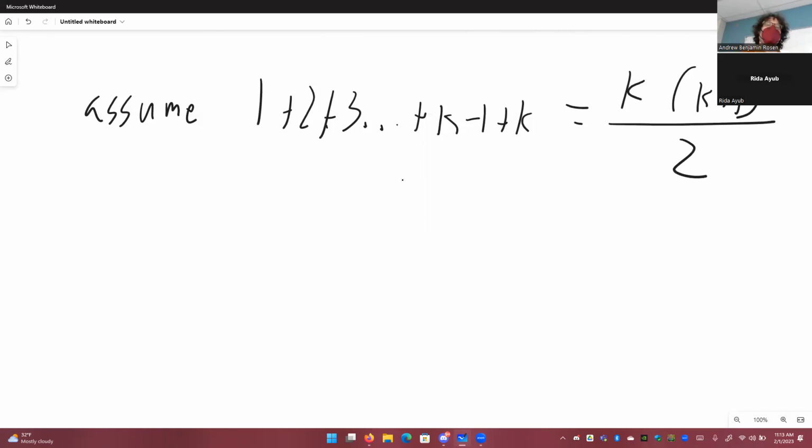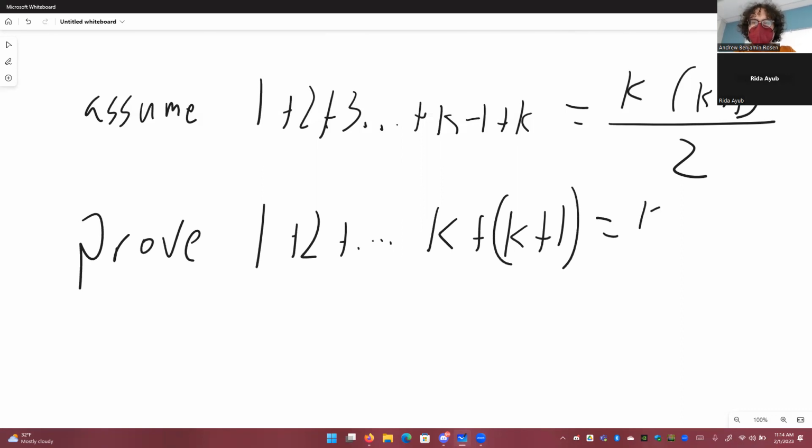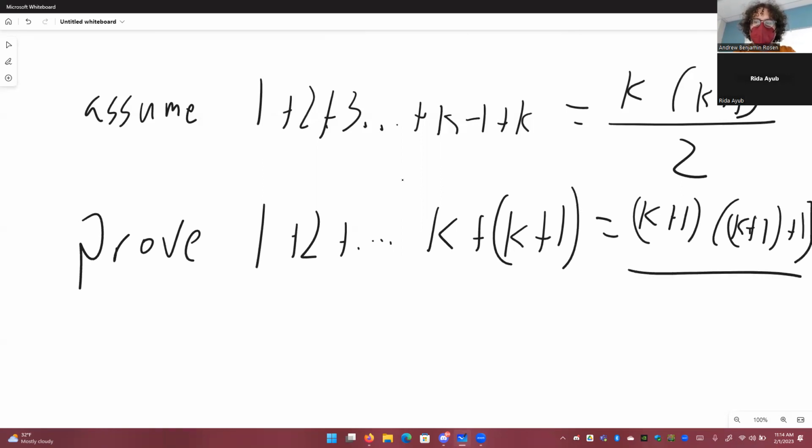So we're going to assume this works. Prove 1 plus 2 plus 3, to k plus 1 is equal to k plus 1, k plus 1 plus 1 over 2.